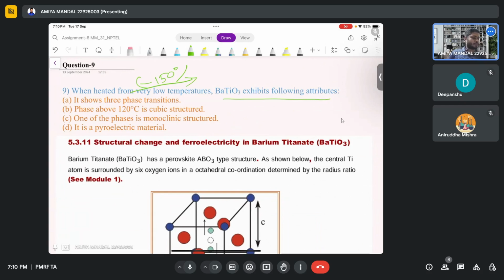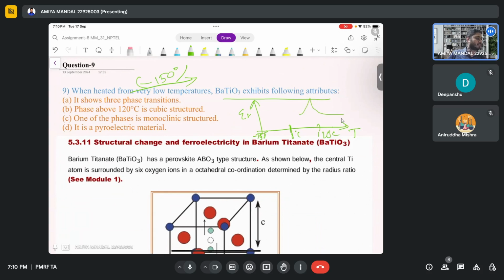In previous assignments I have also solved questions based on barium titanate, its different phase transitions, and the different phases in epsilon r versus temperature. Here we see 150 degrees centigrade, 0 degrees centigrade, and 120 degrees centigrade.